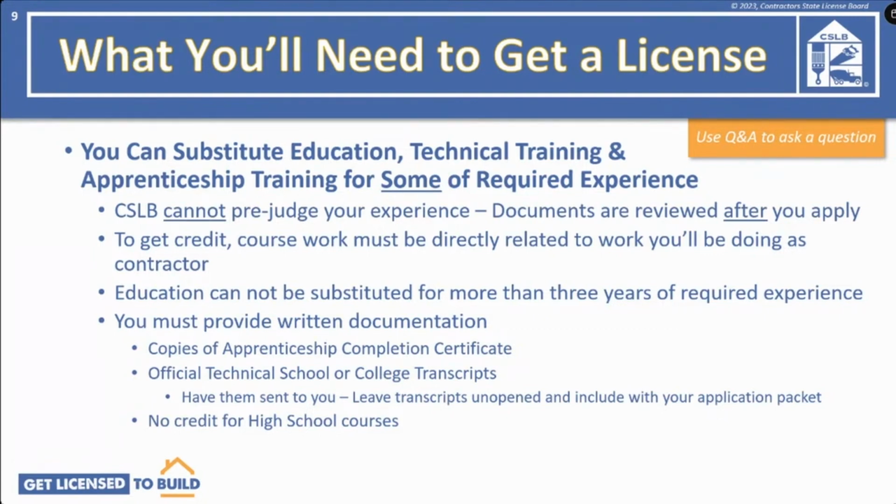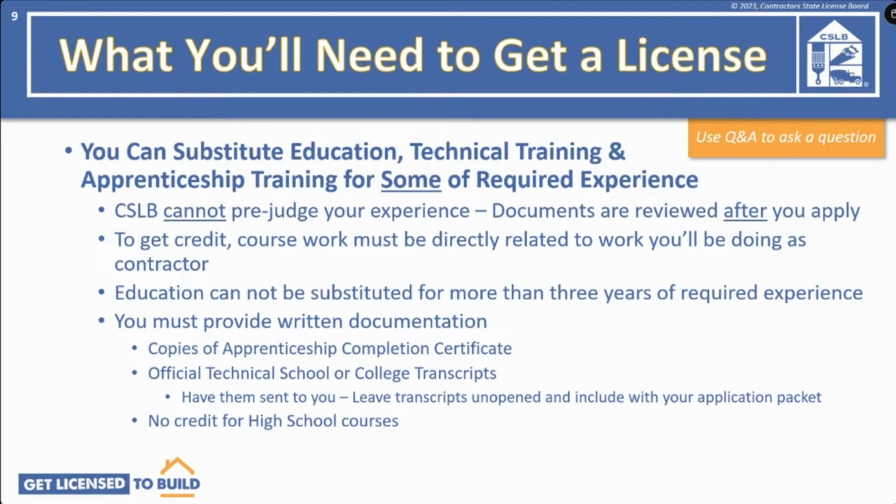Next, to get education credit, the coursework must be directly related to the work you will be doing as a contractor. Your education cannot be substituted for more than 3 years or 36 months of the required experience, meaning you will need to have at least 1 year of practical experience if you get the full 36 months of education credit.